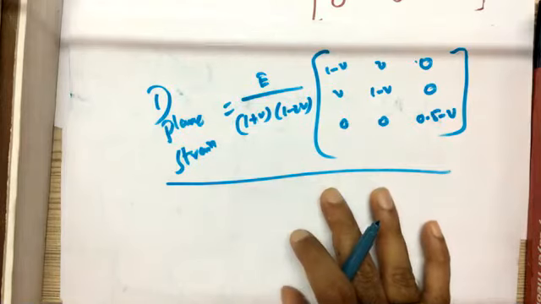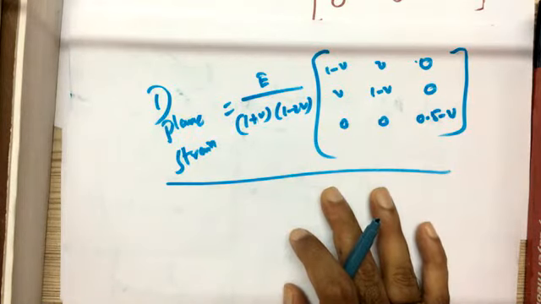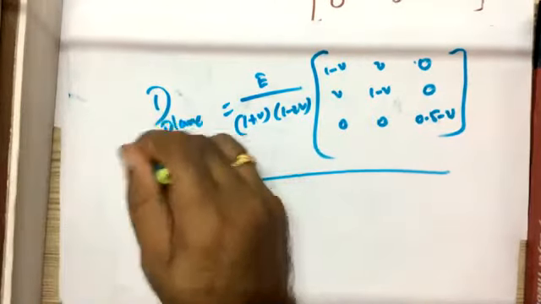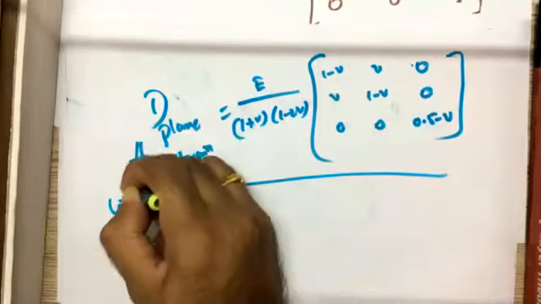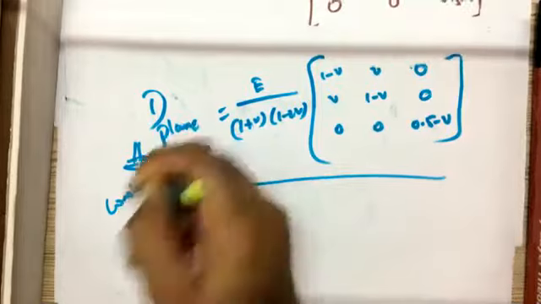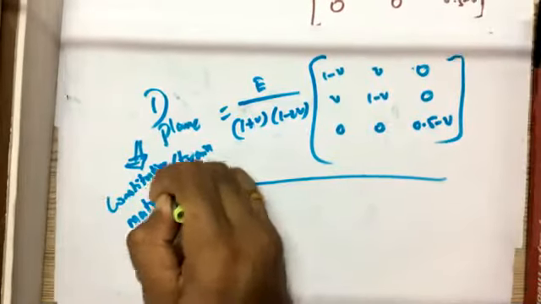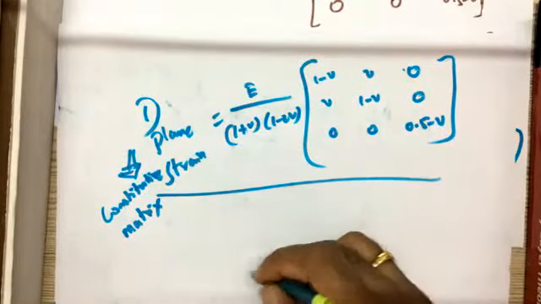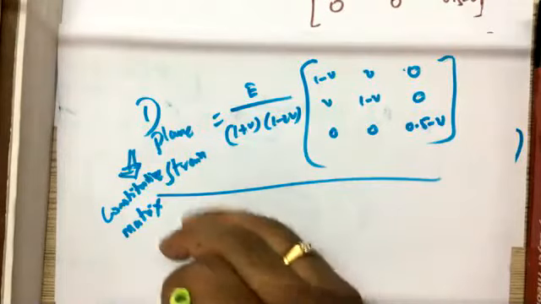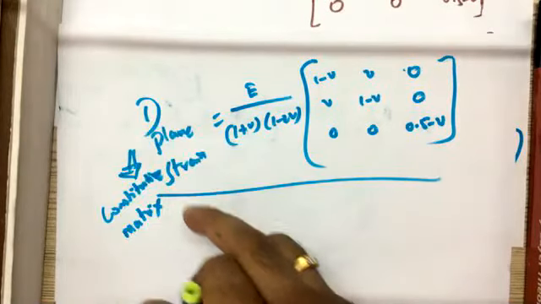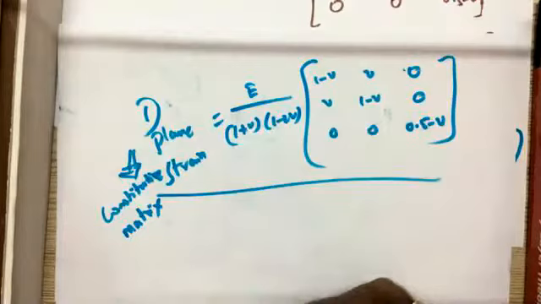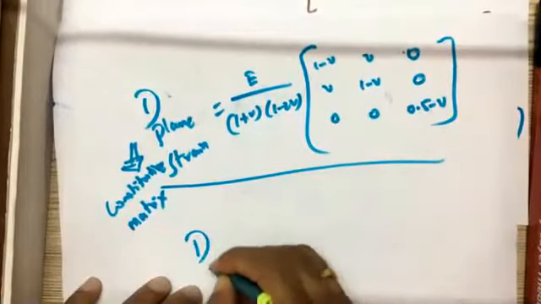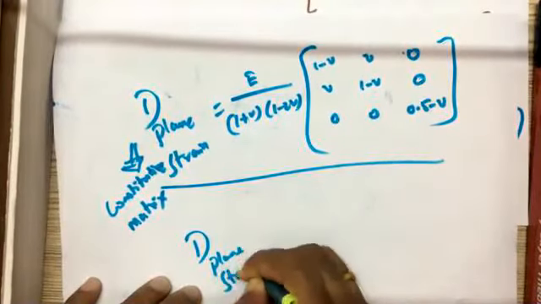Okay, so hope you guys understood. So we have derived the D matrix, or we also call it the constitutive matrix, for both plane stress and plane strain. Fine. For plane stress, let us recall what the D matrix is.